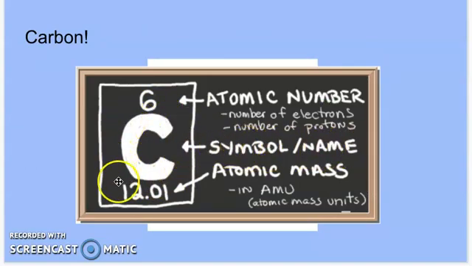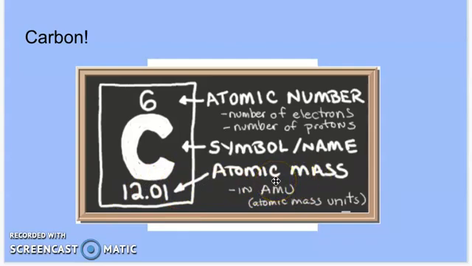Carbon's symbol is a C, C for carbon. That one's pretty easy. Some of them don't make a ton of sense, so that's why I picked this one. But this big letter right here tells you, okay, this is the symbol, this is what element it is. The number at the bottom of the box, in every box for every element on that periodic table, is your atomic mass.